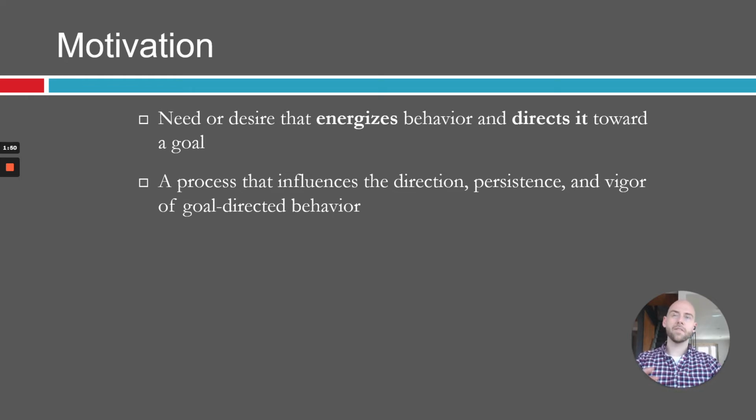Your book has a slightly different definition of motivation that still gets to some of these ideas, and they elaborate on some of these ideas later, but a process that determines the reinforcement value of an outcome. So that uses some of the language we're familiar with now from the learning chapter, but doesn't quite capture some of the things about goal-directed behavior that I think are really important to consider when we're talking about motivations.